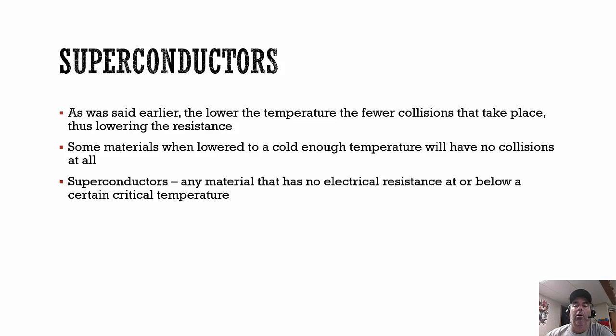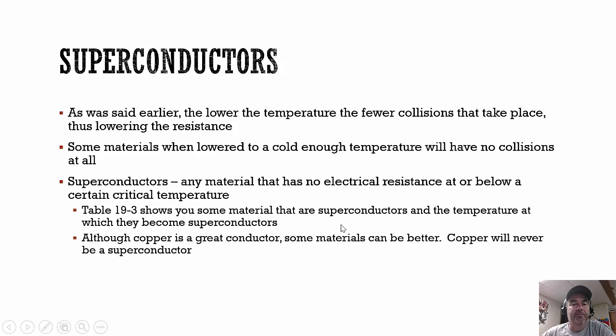So at or below that critical temperature is when it becomes that superconductor. Table 19.3 in your book will show some materials that are going to be superconductors and also the temperature at which they become those superconductors.